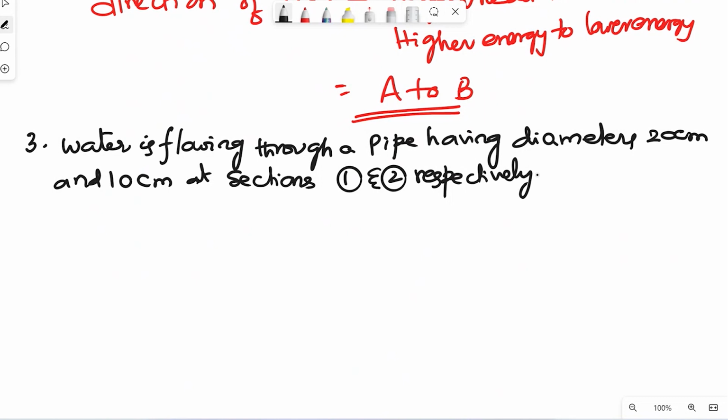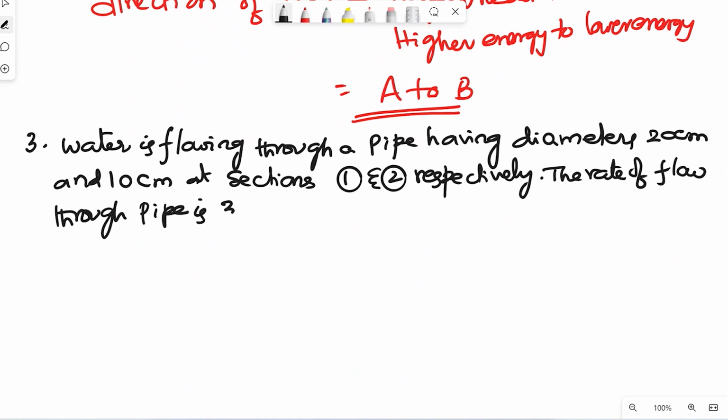The rate of flow through the pipe is 35 liters per second.